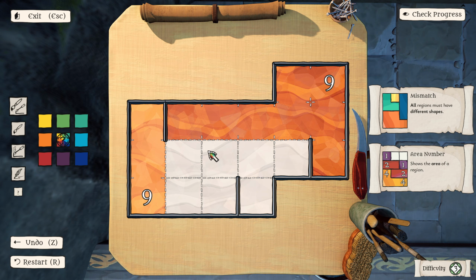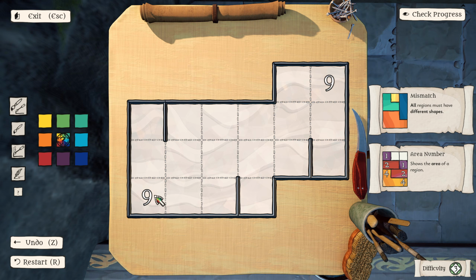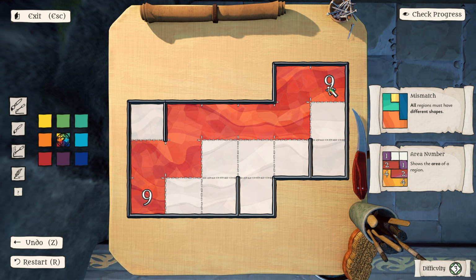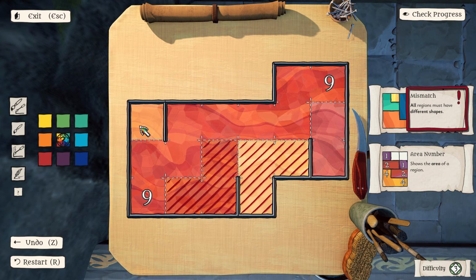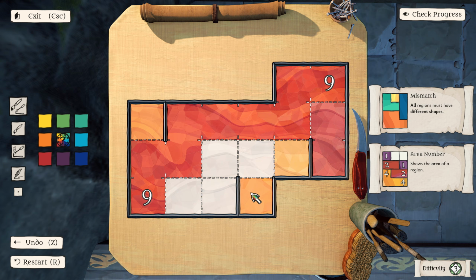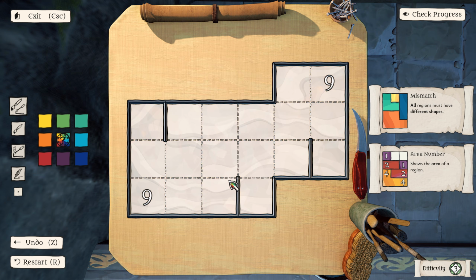How is this going to happen? Hold on, can they? They can't be the same 9, can they? All regions must have different shapes, but I think they have to be the same 9 on reflection.